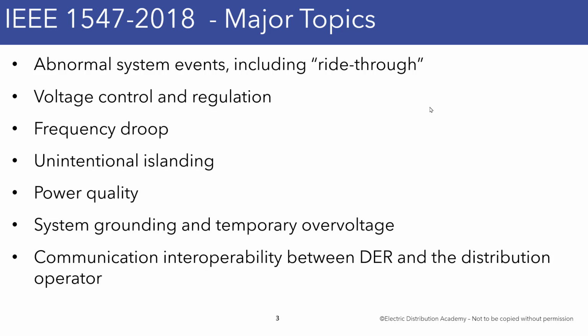Unintentional islanding: DER must be able to detect and cease to energize any unintentional islands that are formed, meaning islands that are created by the distribution feeder or portion of a feeder separating from the substation and the bulk power system.